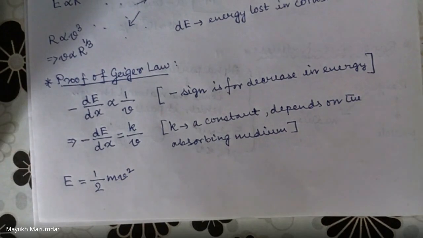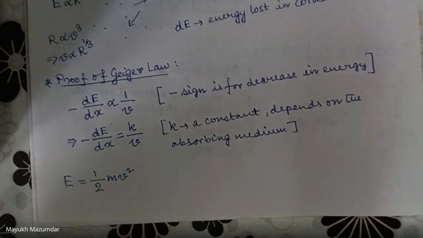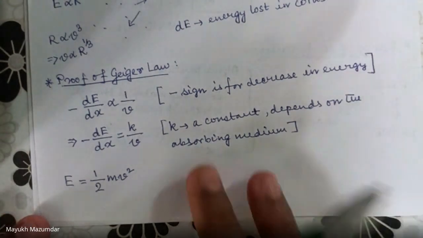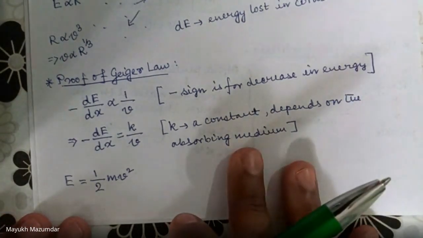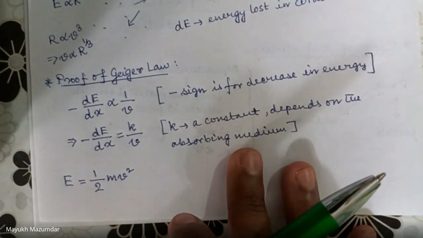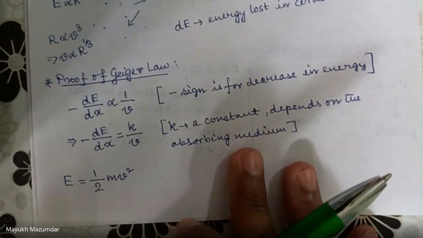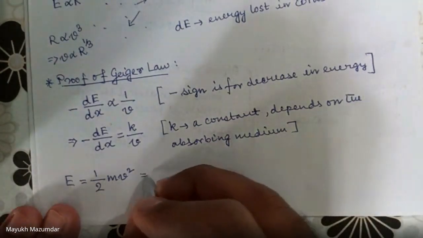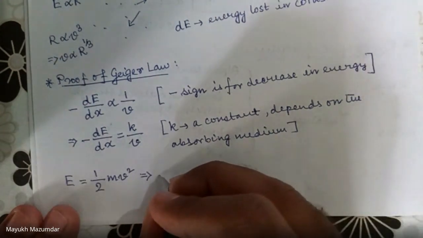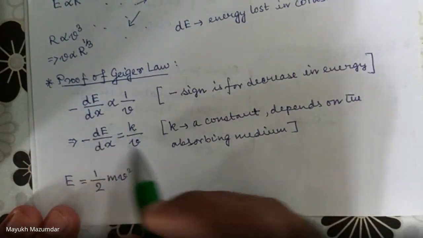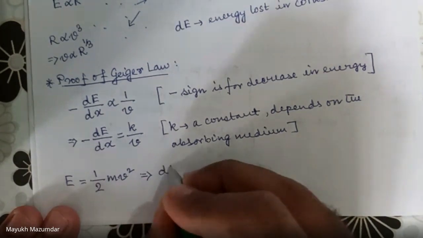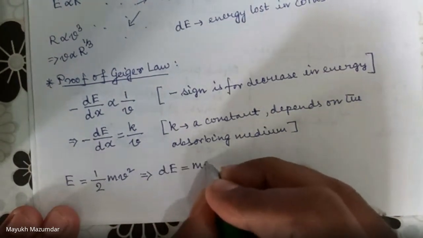Other terms are like v to the power 4 by c square kind of 3 by 8 something, and we neglect them. So this is the case. Then if we do the differentiation here, because here we have E and V also, let us substitute one in terms of the other. So we would get mv dv.